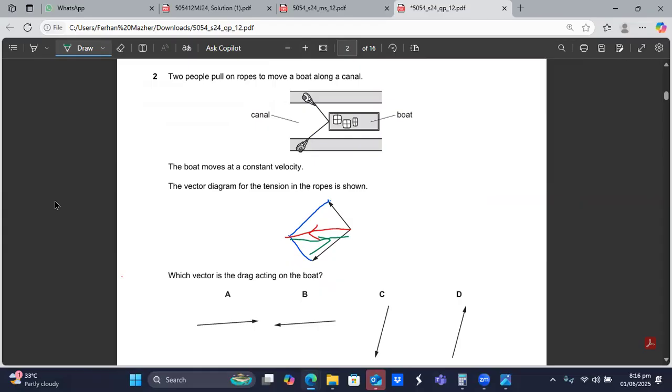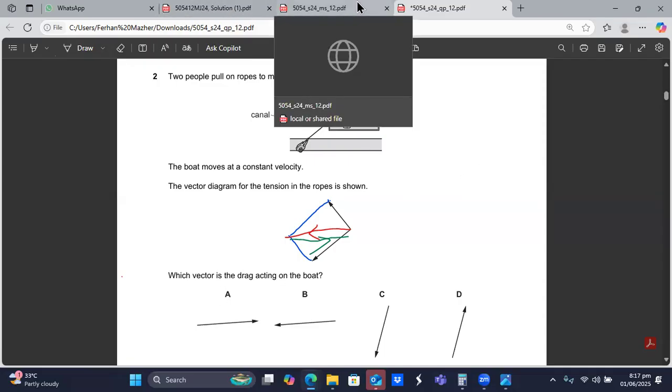The drag of the water is equal in magnitude to the resultant of the two tensions in those ropes, and is opposite in direction to the motion of the boat, because the boat is moving at a constant velocity. You can see here they use the words constant velocity. So I hope you understand question number 2, and its choice will be A.